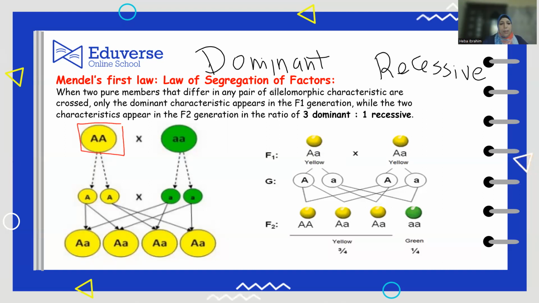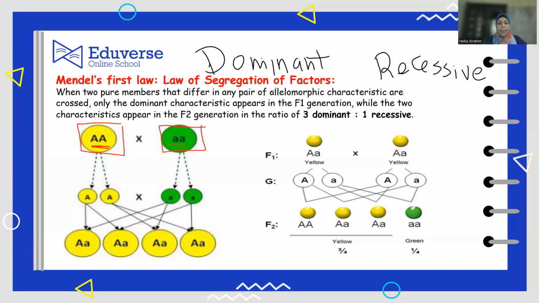So this trait, which represents the yellow color in pea seeds, is a dominant trait. But what about the recessive trait? The recessive trait must be represented by the same letter but in lowercase, A small, A small. Why? Because green seeds are the recessive trait for yellow seeds, which is considered dominant.